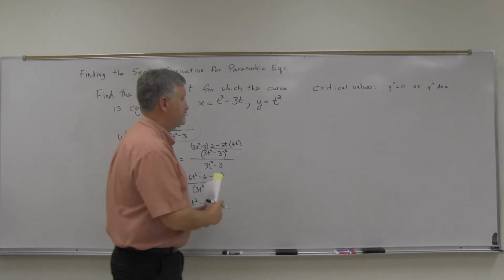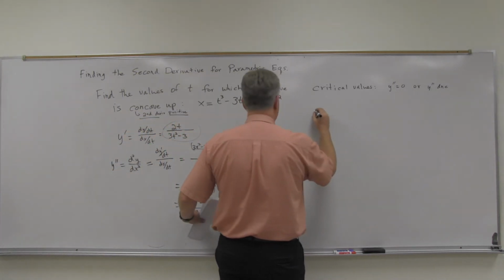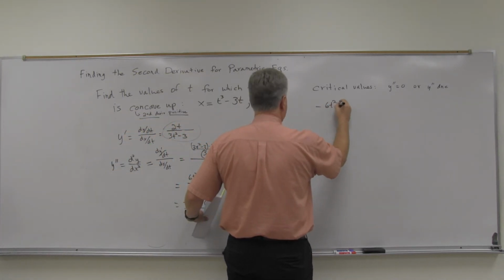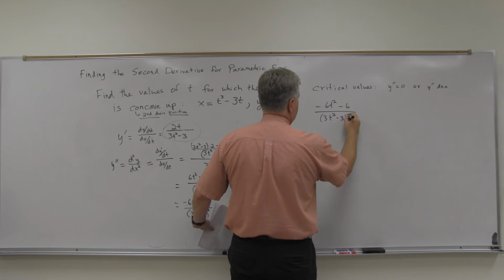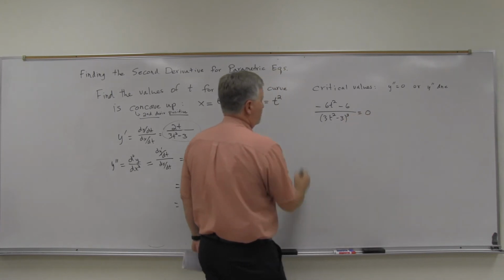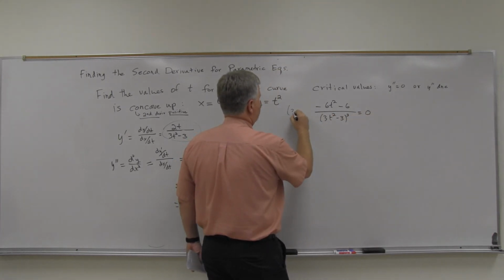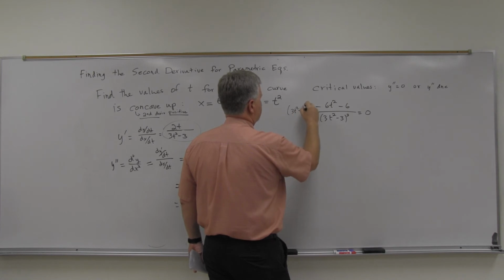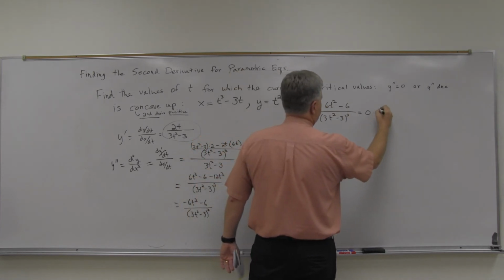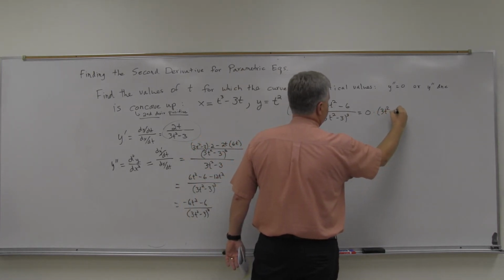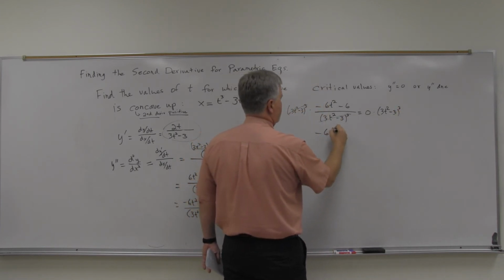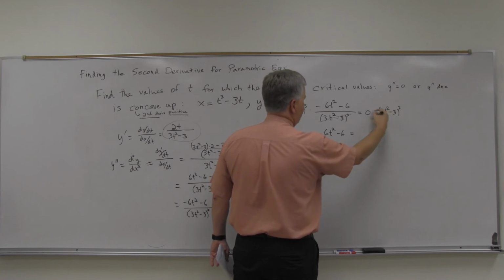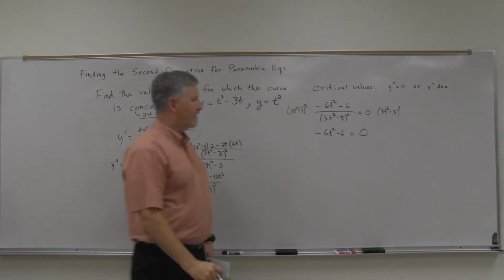So if I set the second derivative equal to 0, multiply both sides by 3t squared minus 3 cubed to clear that out, it's just minus 6t squared minus 6 equals 0, since 0 times that is still 0.